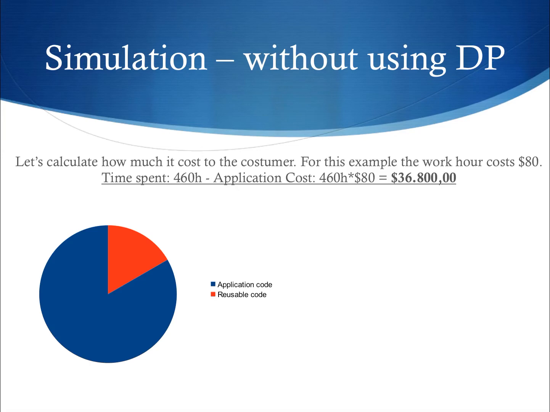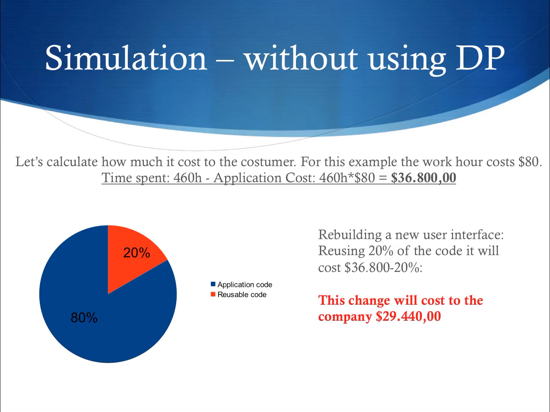So when the customer asks you to change the user interface, you analyze the code. You realize that the application code is 80% of the code, and the reusable code is just 20%. The application code is very mixed, so you can only reuse 20%.